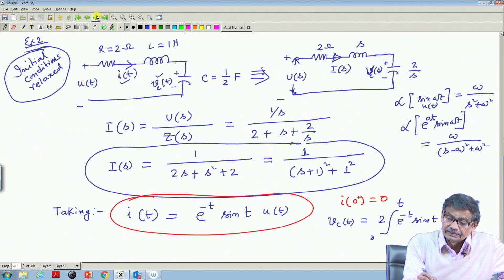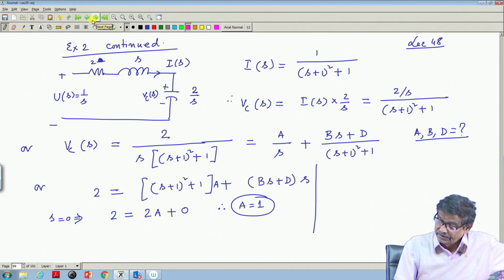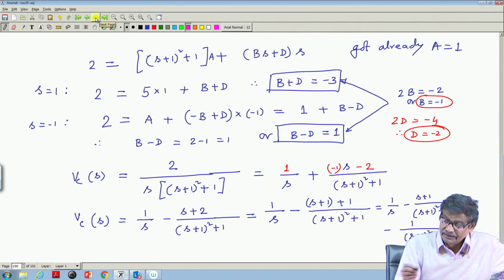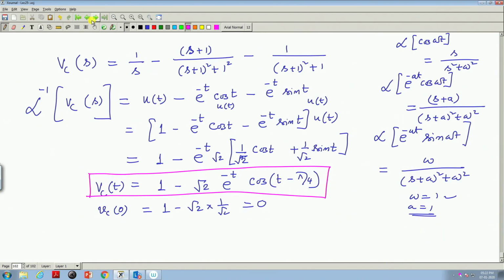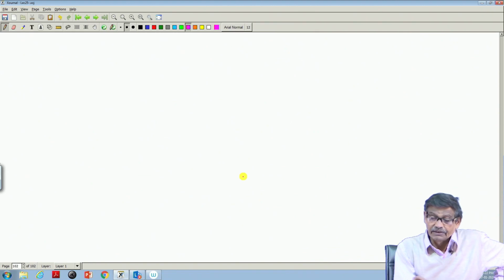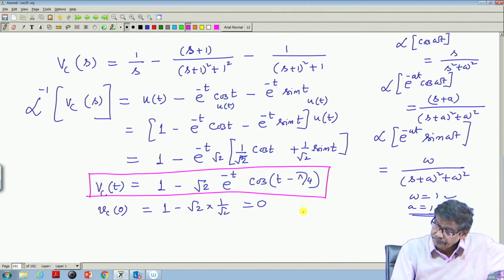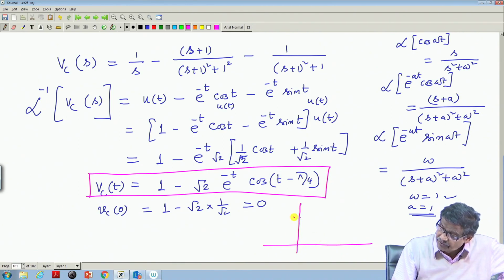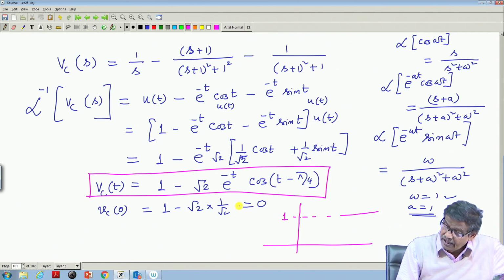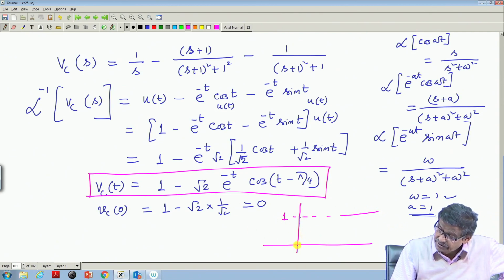But in this case, the capacitance voltage will be equal to this one, if I sketch, I will sketch it like this. As a function of time, if you sketch it, the final value of the capacitance is 1 and initial value is 0.